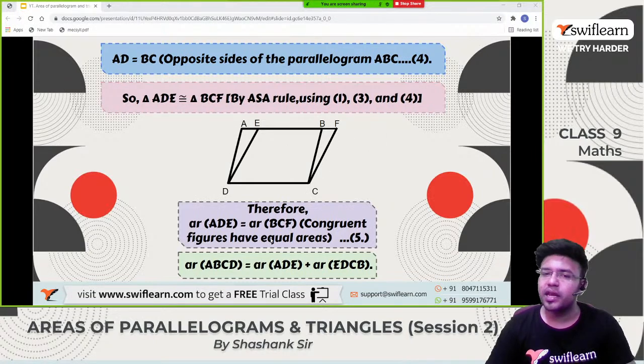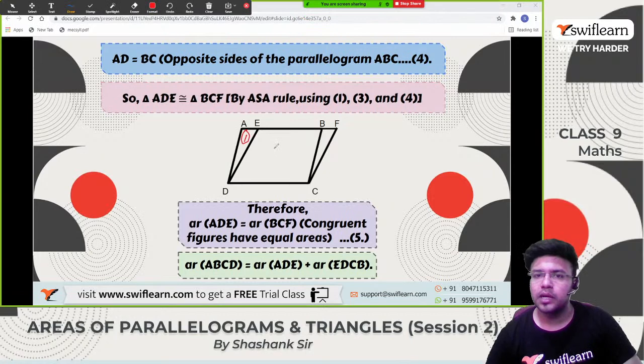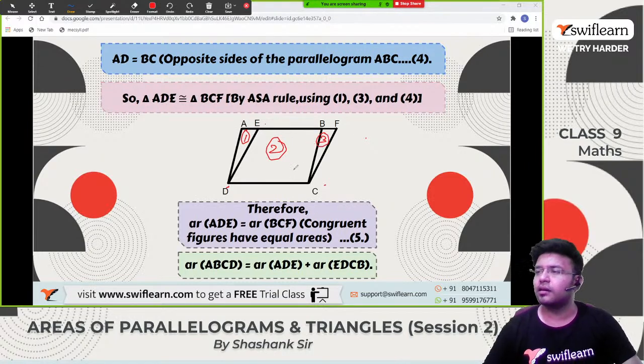Now, what is the area of parallelogram ABCD? Area of parallelogram ABCD is equal to the area of this triangle plus the area of this quadrilateral, quadrilateral 1 plus quadrilateral 2. Now, what about parallelogram EFCD? That is equal to the area of quadrilateral 2 plus the area of triangle 3.